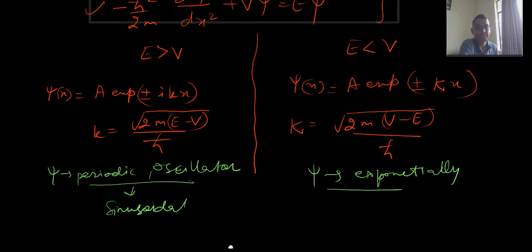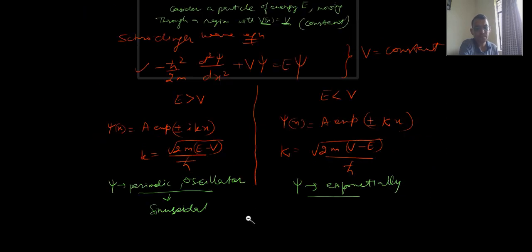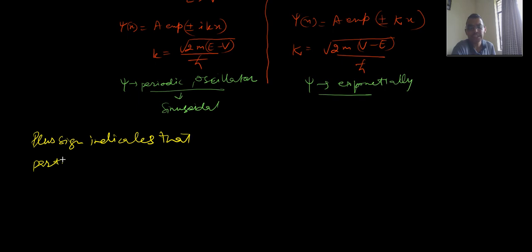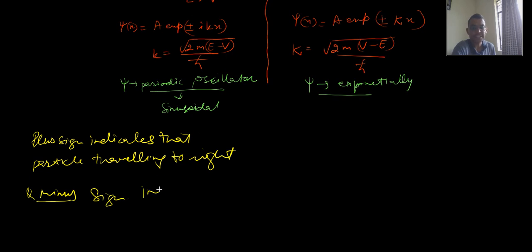And in this case, the plus sign indicates that the particle is traveling to the right direction, whereas the minus sign indicates that the particle travels to the left.